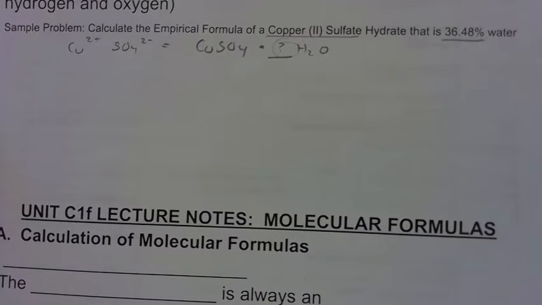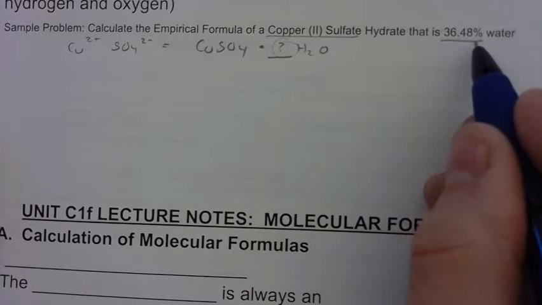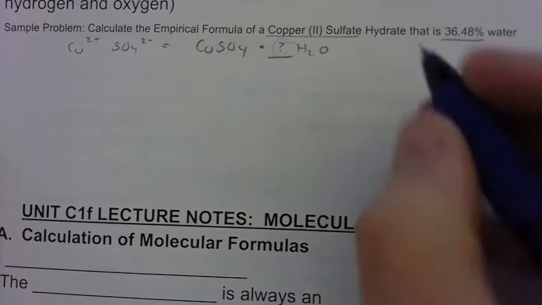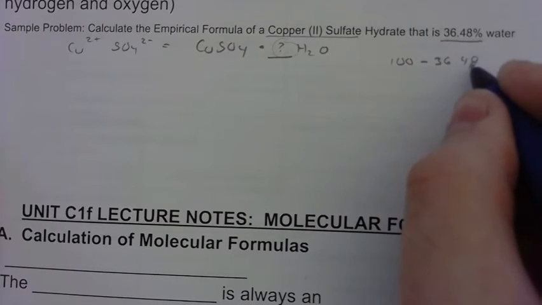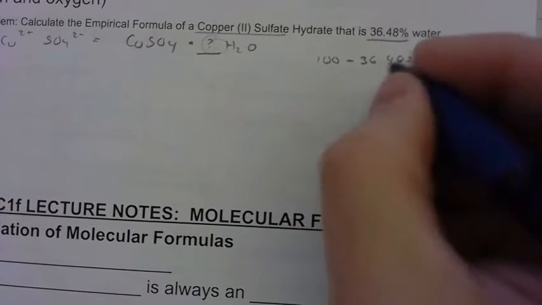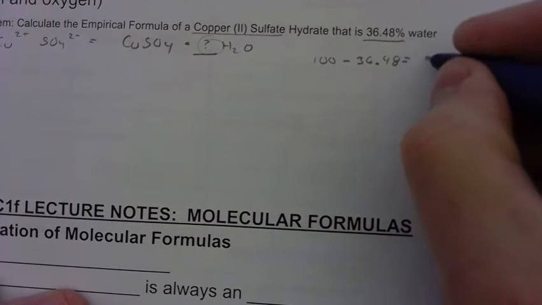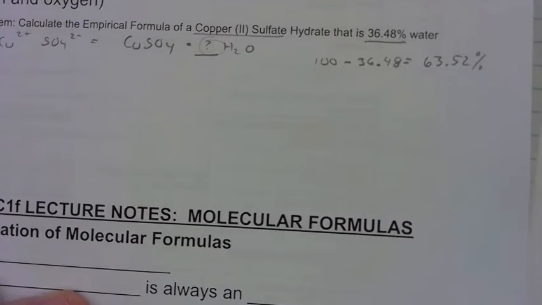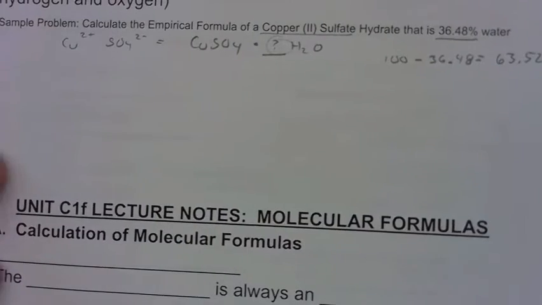So the way we go about doing that is realizing, well, if we have 36.48% water, that means the rest of it is copper 2 sulfate. So we simply take 100 minus 36.48, and we find out what is the percentage that is copper 2 sulfate, and we find that that's 63.52%. All right, now we keep these together as compounds.